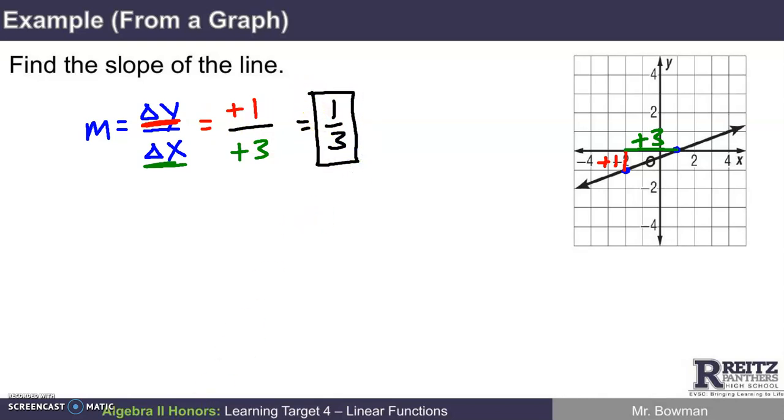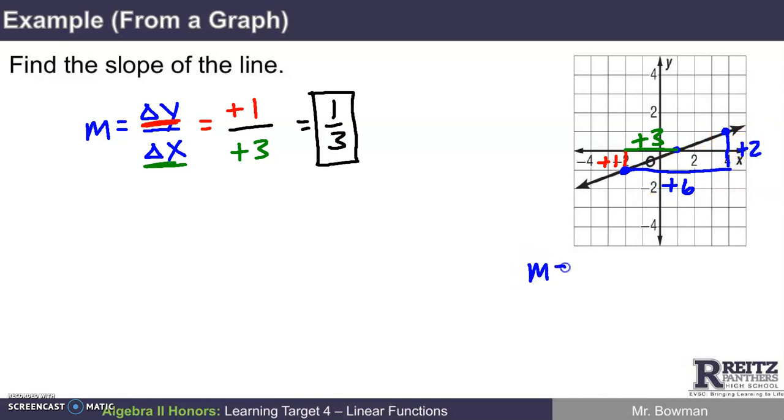What I hope you can see is that if I had picked this point here at negative 2, negative 1, and this point at 4, positive 1, I could have gotten different delta y and delta x, but ended up with the same slope. I'd have gotten my delta x to be 6. I'd have gotten my delta y to be 2.